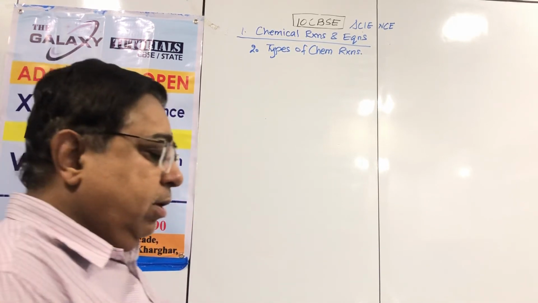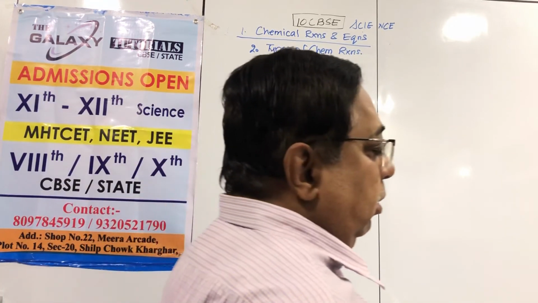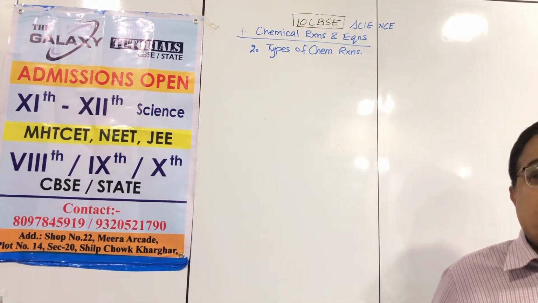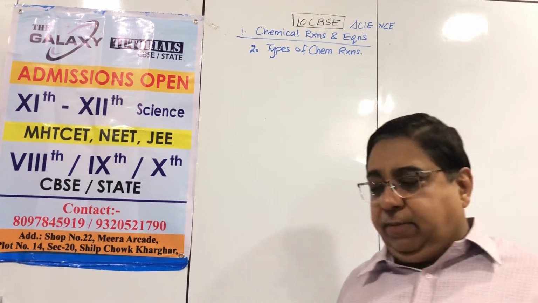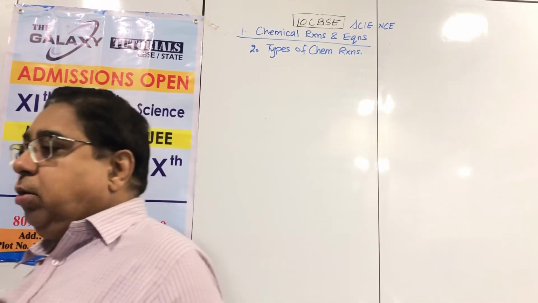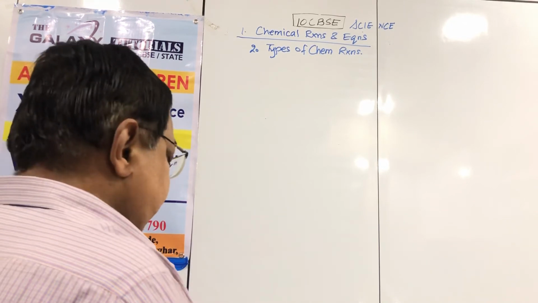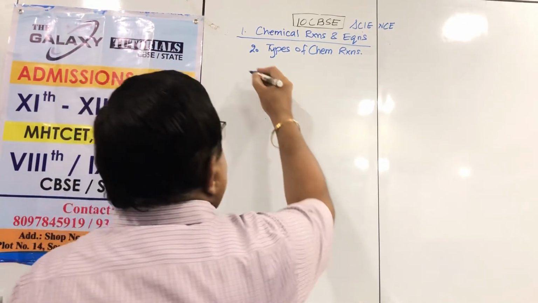Now, my friends, we are trying to sort the reactions into certain types based on how they occur and what they do, so that it becomes easy to study and easy to predict what products will be formed. We will start. The first one is combination reaction.